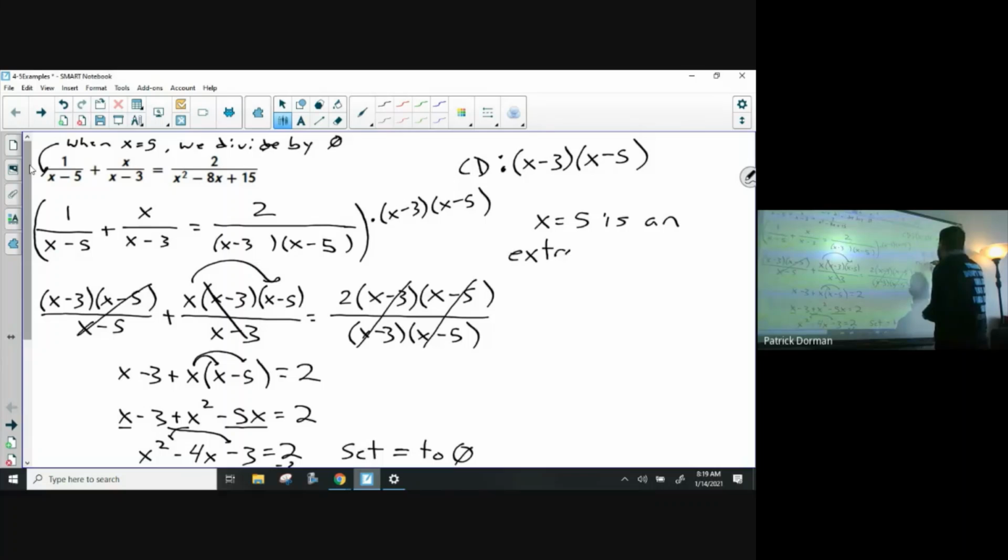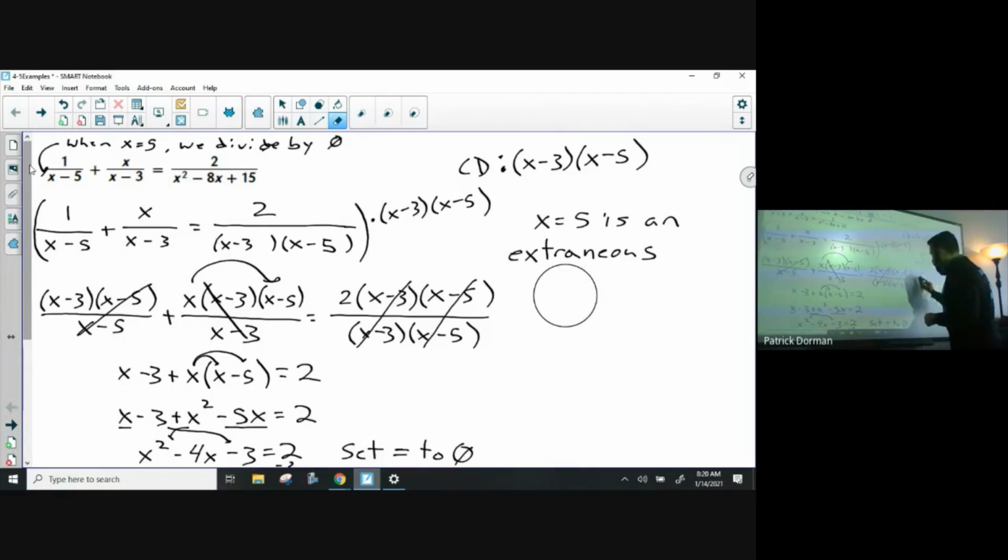So it's not a solution. Even though when we solve it, it comes out as a solution, it's not a solution. It's extra. It's an extraneous solution. So the only solution is x equals -1.